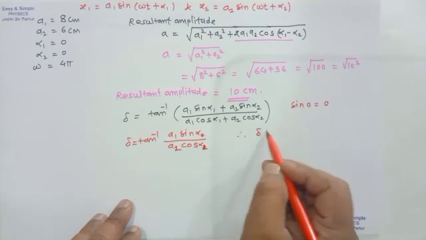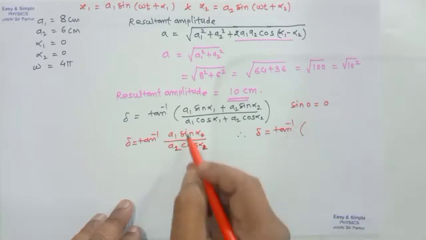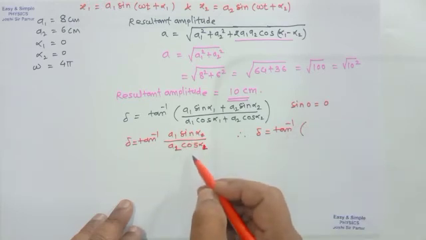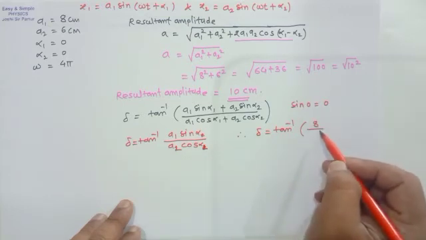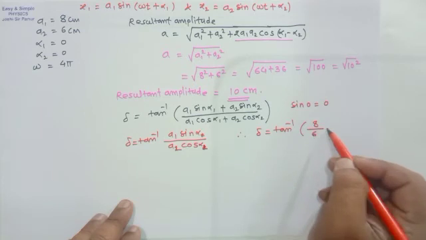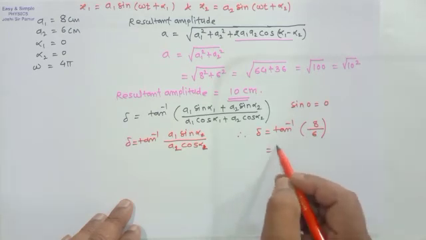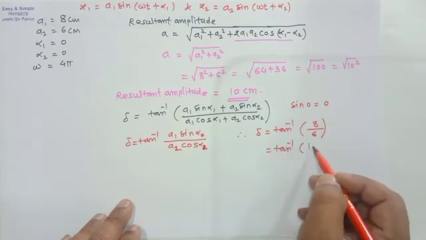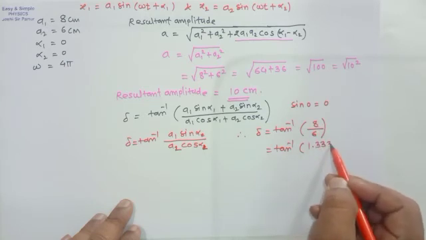Therefore delta is equal to tan inverse of a1 and a2, a1 having value 8, a2 having value 6. If we divide both terms, it will be tan inverse of 1.333.